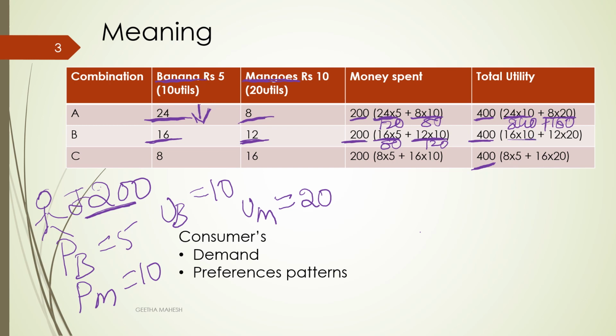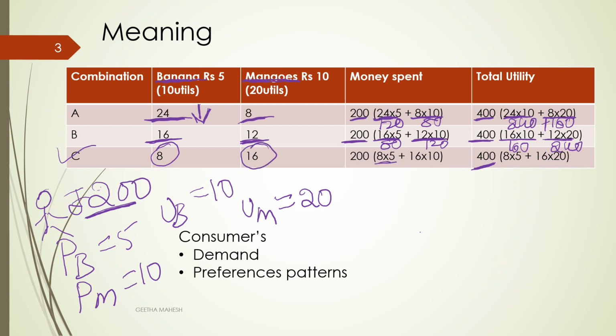The utility, if we calculate, will be equal to 400, that is from bananas he gets 160 and from mangoes he derives 240. Similarly, he can make another combination, that is combination C, with 8 bananas and 16 mangoes.